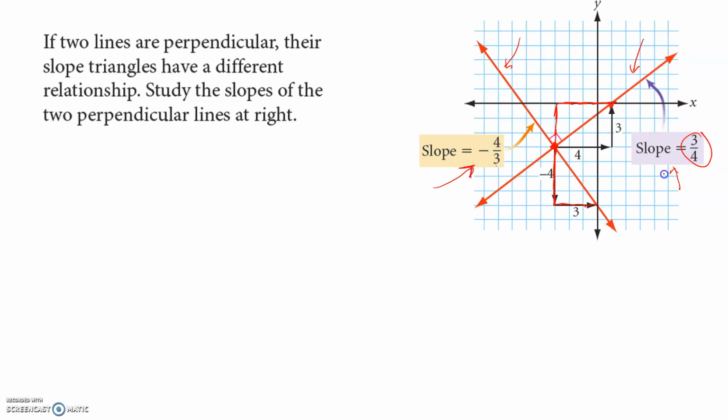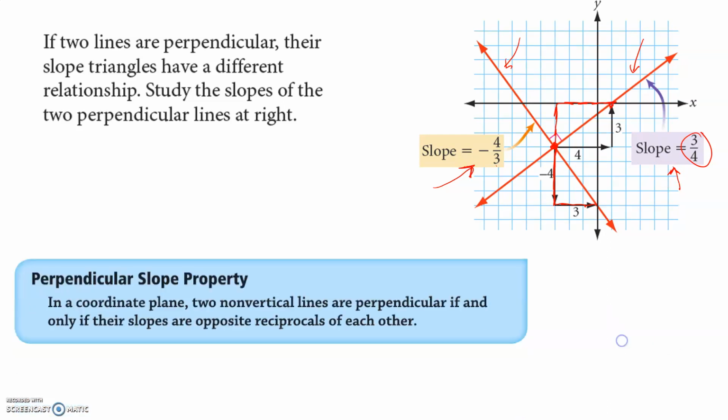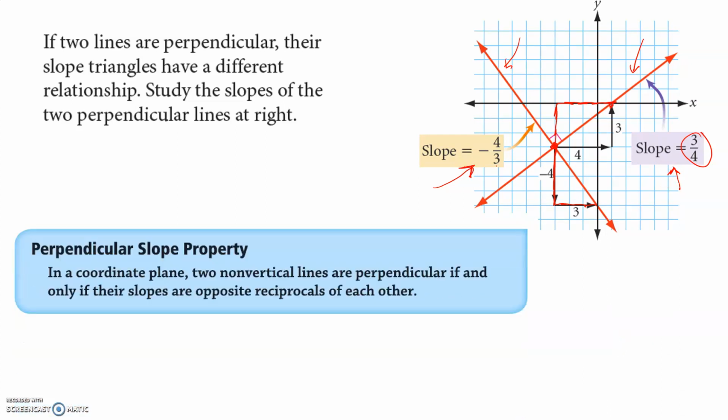This one here is a negative, and this one here is a positive. So this is another of the conjectures that is at algebra skills number 3, following conjecture 16 on the list. It says, in a coordinate plane, two non-vertical lines are perpendicular if and only if their slopes are opposite reciprocals of each other.